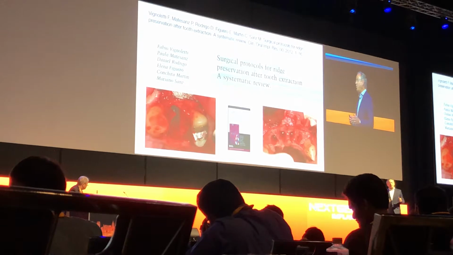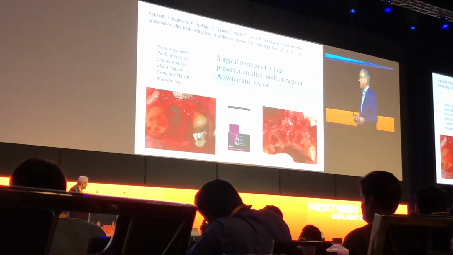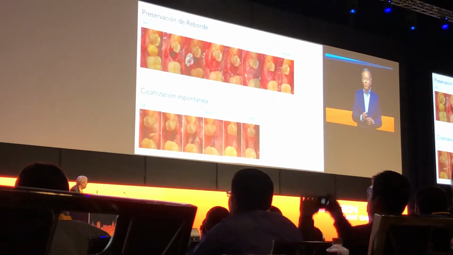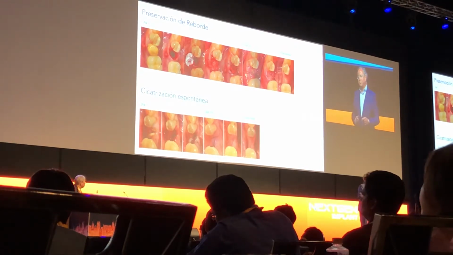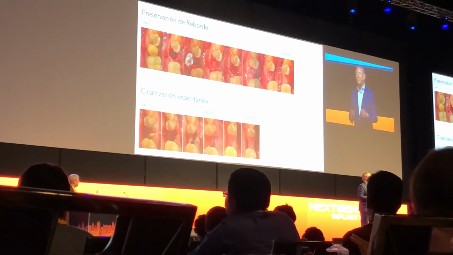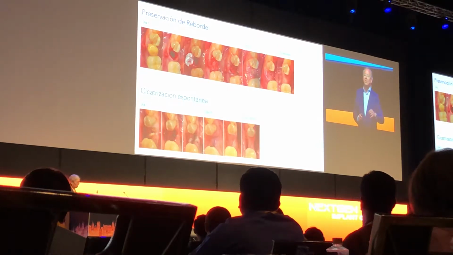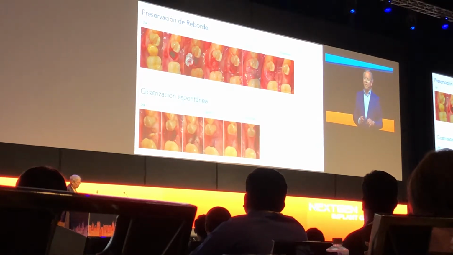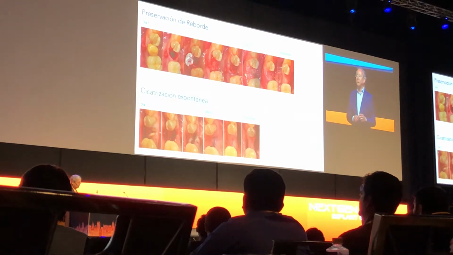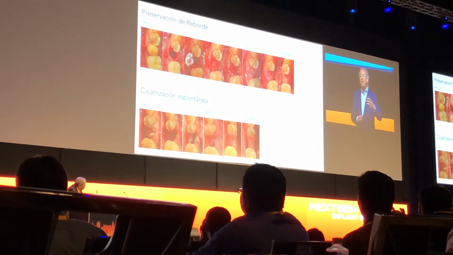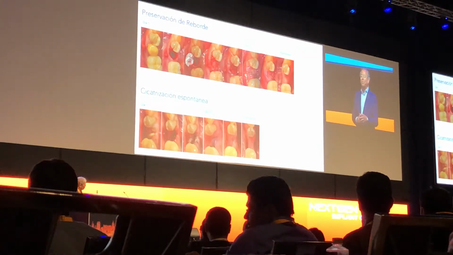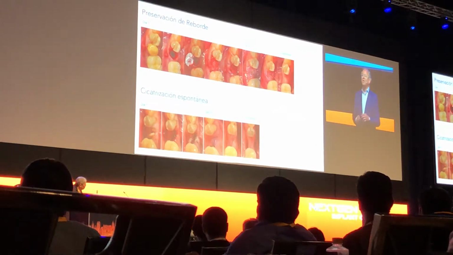About 5 years ago, we undertook and published a systematic review where basically we asked ourselves a very simple question. What is the added effect of placing something in the socket to preserve the dimensions of the socket? The only way I can prove the added effect is if I have a control group where I don't place anything in the socket.